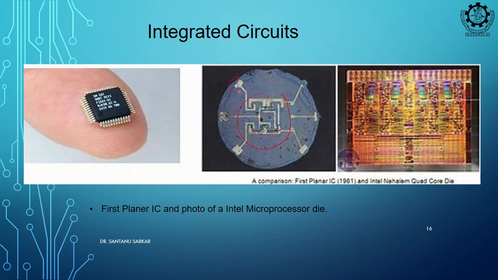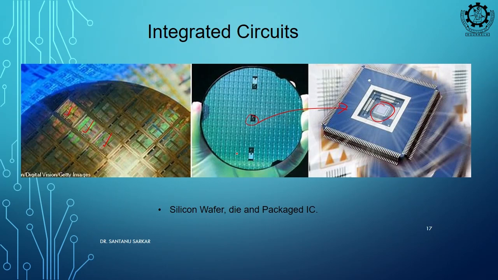These are the pin connections, and to make these pin connections possible, there are some input output pads, called IO pads. Some IO pads will be for VDD, some for ground, some for input and output, and the pin is actually glued to that.